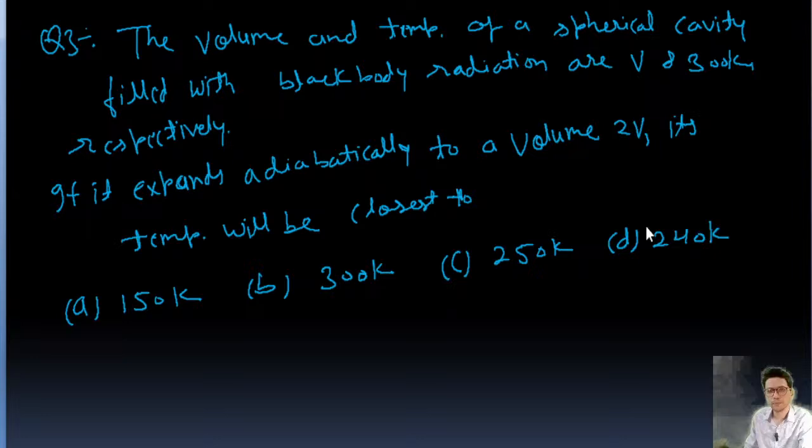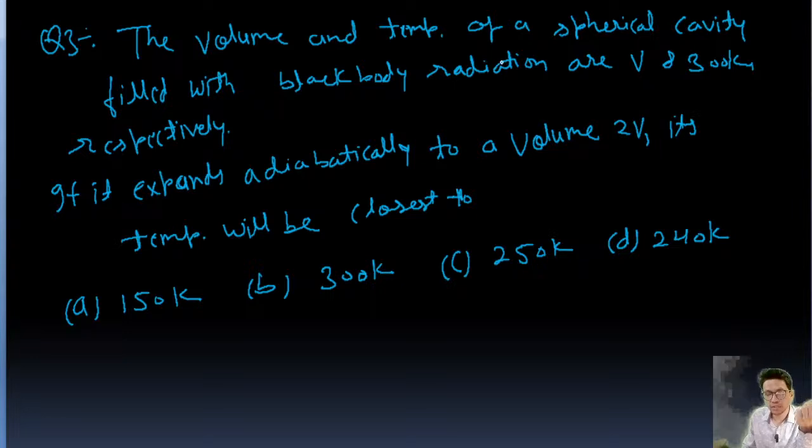A very good question. I'm going to read it for you and then I'll solve it. The question is the volume and temperature of a spherical cavity filled with black body radiation.